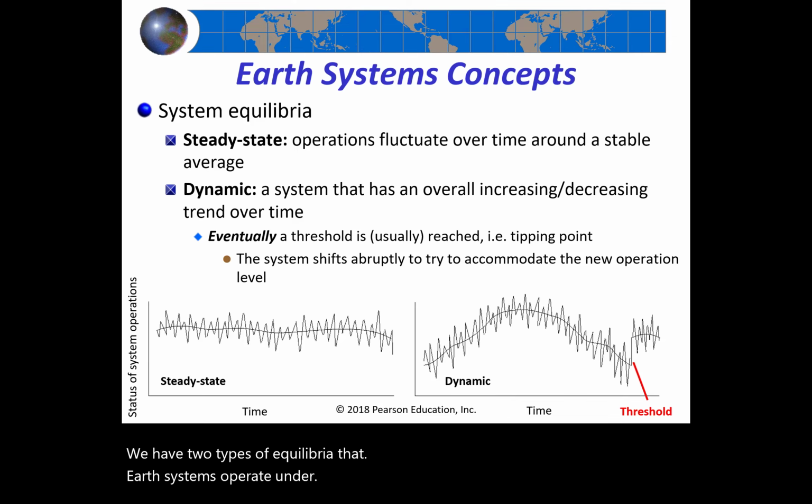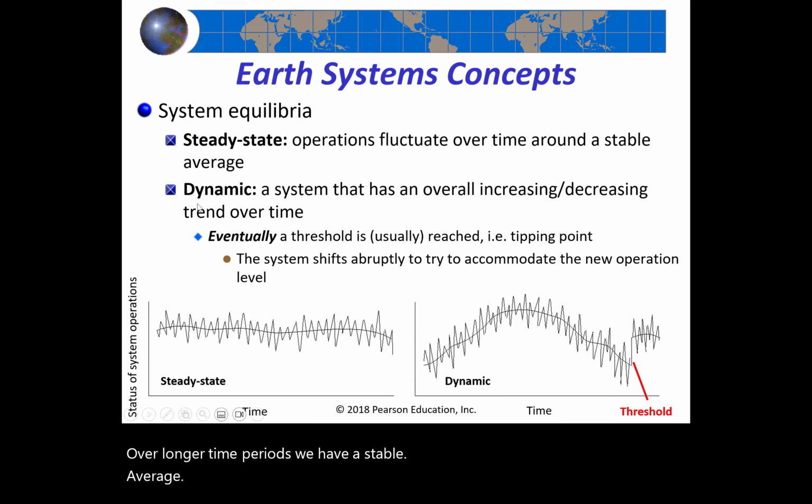We have some systems that experience just steady state equilibrium. And that means that while there might be small changes over shorter time periods, over longer time periods, we have a stable average.